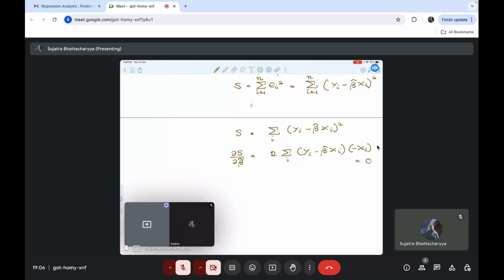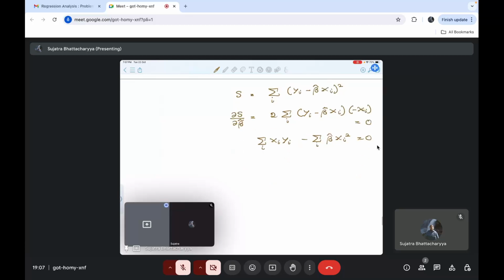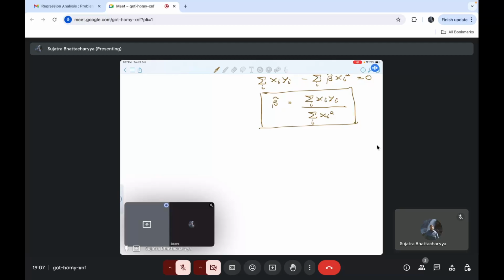So you can remove the 2 into minus 2, and write summation x i y i minus summation beta hat x i square is equal to 0. All the summations are in terms of i. Therefore beta hat will be summation x i y i divided by summation x i square. So this is your least square estimate beta hat. This is how you can calculate.